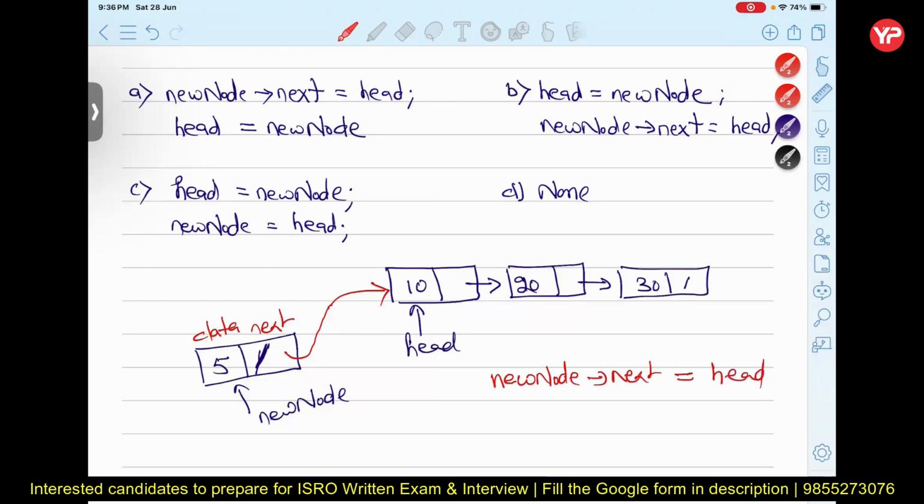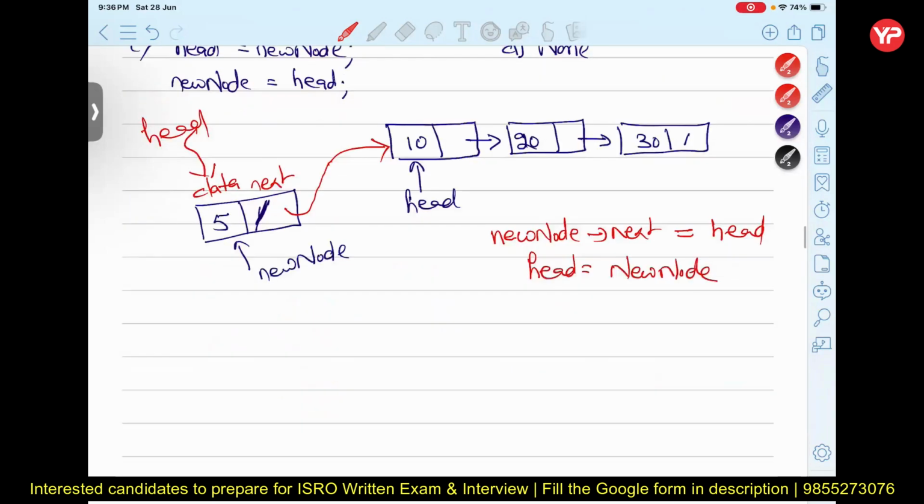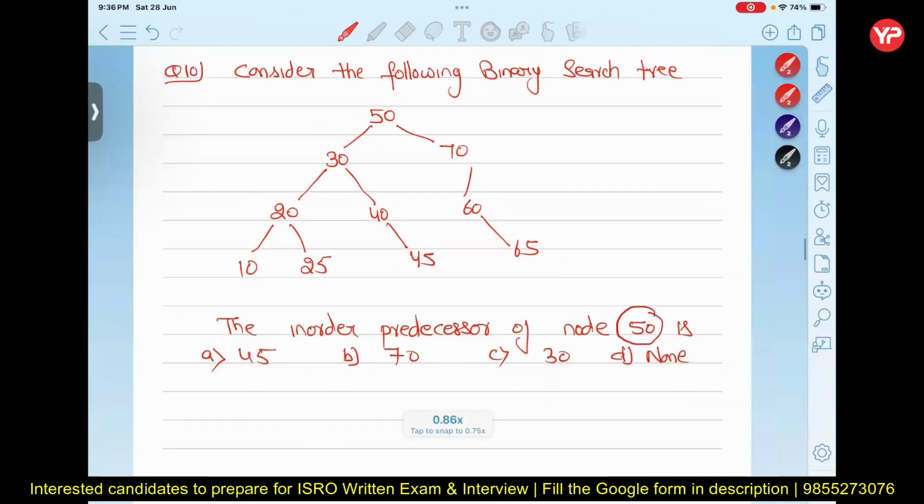After making this link, we have to move our head to the starting. So head is now pointing to the new node. Yes or no? So A is the right answer according to that. Linked list is very important.